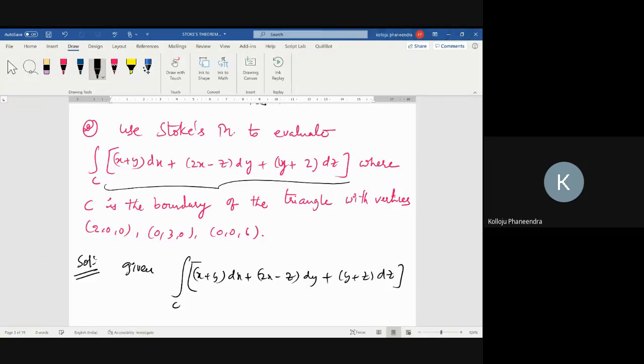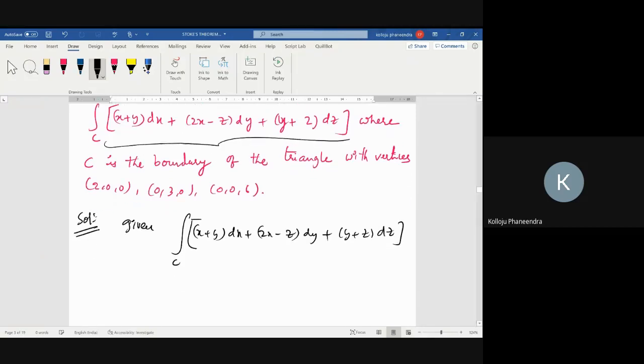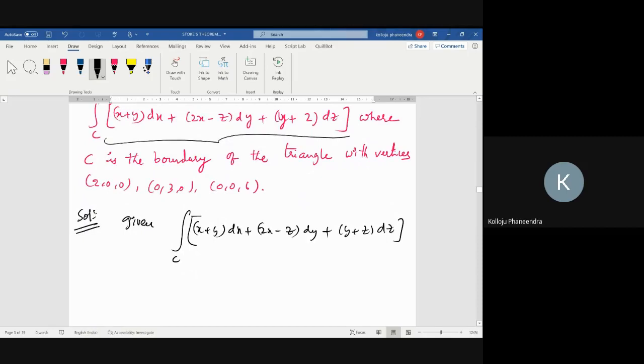From this integral, I want to know what is f bar, because I have to apply Stokes theorem. It is in the form of f bar dot dr bar, isn't it? So I can write this as x plus y i, 2x minus z j, y plus z k dot dx i plus dy j plus dz k, right?